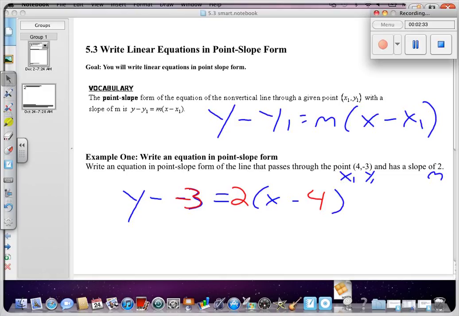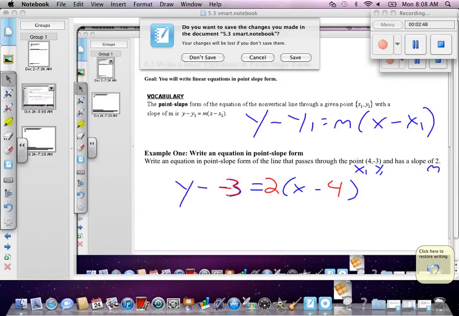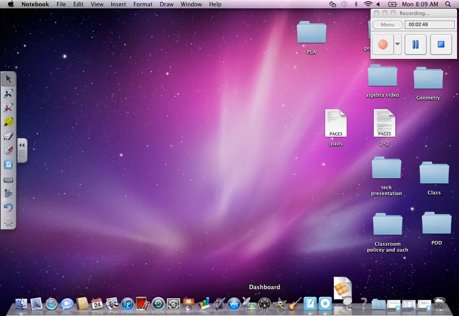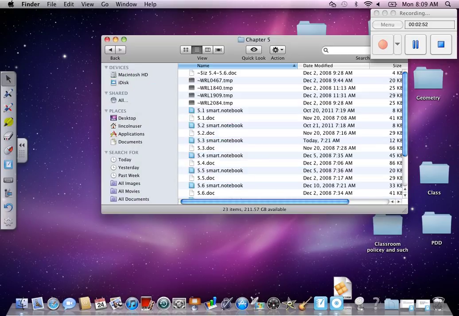Okay, so now we're going to graph an equation in point-slope form. So this is interesting because when I look at a graph, I think, I could do point-slope form two ways. So I'm going to show you the two ways.